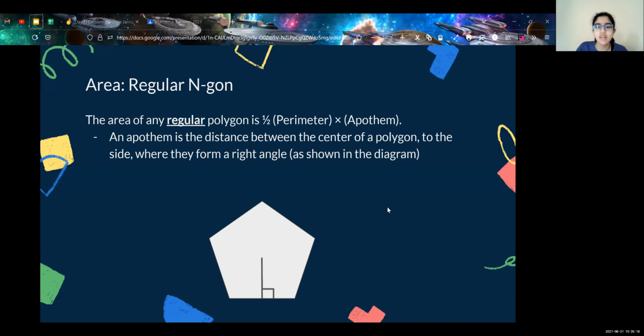The apothem is the distance from the center of the polygon to the side, where they form a right angle, as shown in this diagram over here, right? And the reason it's half the perimeter times the apothem is, okay, let me just quickly draw. Okay, so as we can see, if we make this into triangles, we get this.